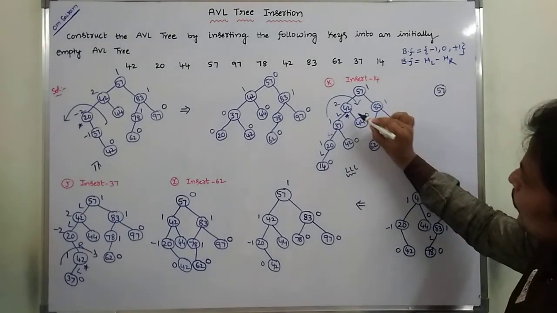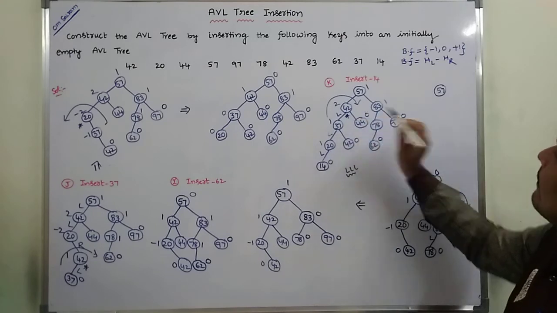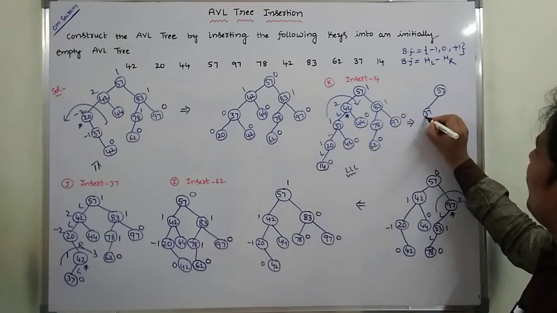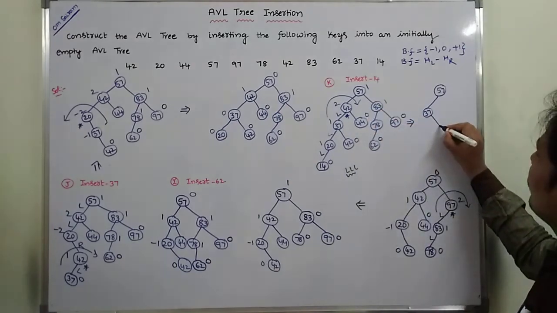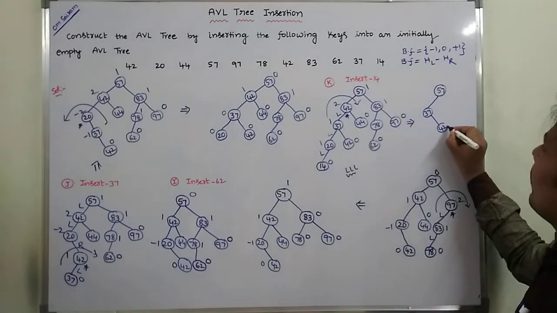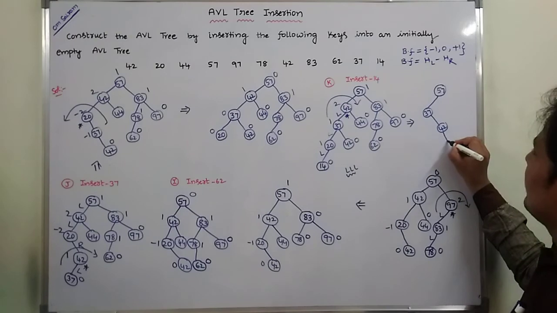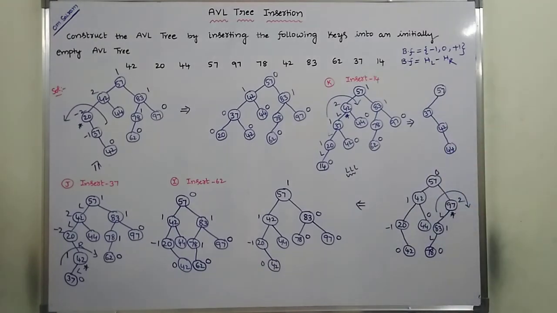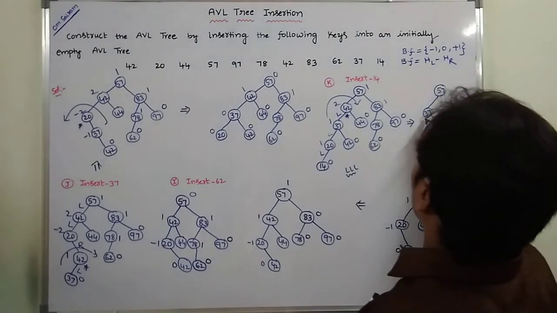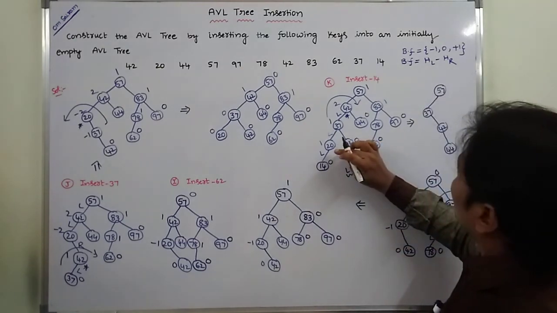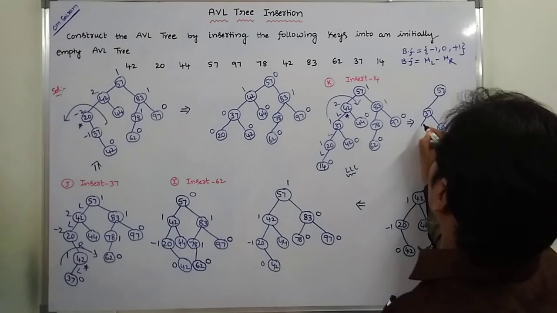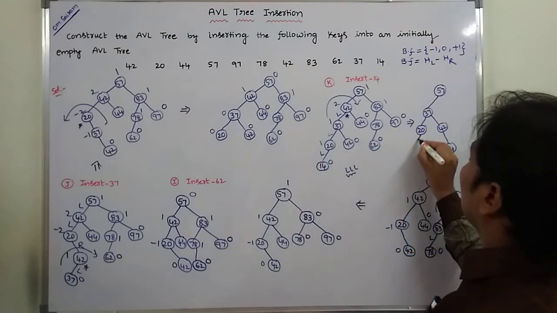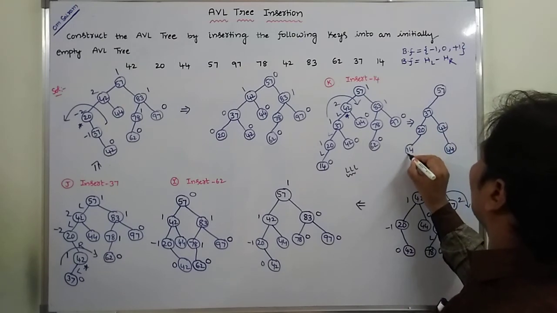Next 42 goes down and 37 goes up. 37 goes up and 42 goes down and 42 right child is 44. Okay. Now 37 left child, 30, 20 goes to 37 place. This is 20. Next 14 is left child of 20.